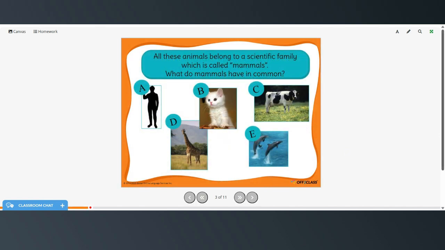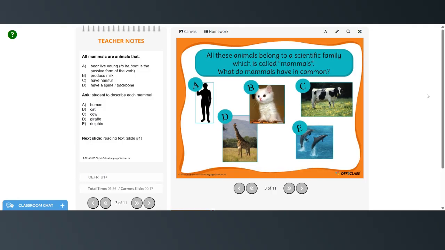All these animals belong to a specific family, which is called mammals. So what do mammals have in common? So all mammals are animals that bear live young, which means that they don't lay eggs. Their babies are born fully formed.